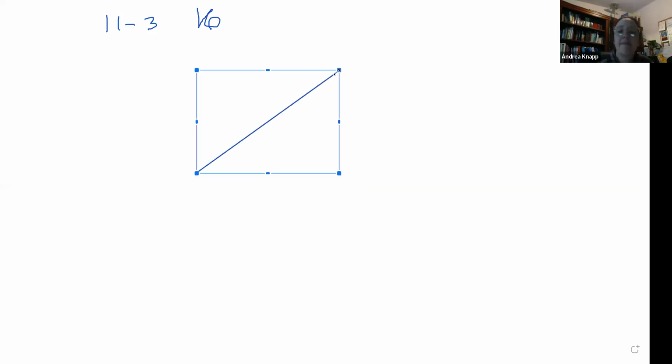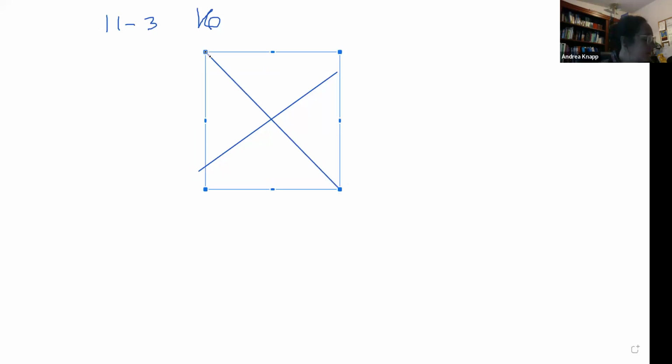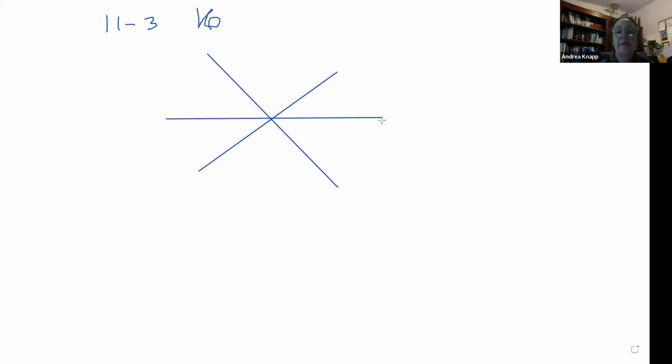Okay, so we are working on section 11.3, number 16. All right, so we've got 3 triangles here, made with 3 segments that all go through a point.